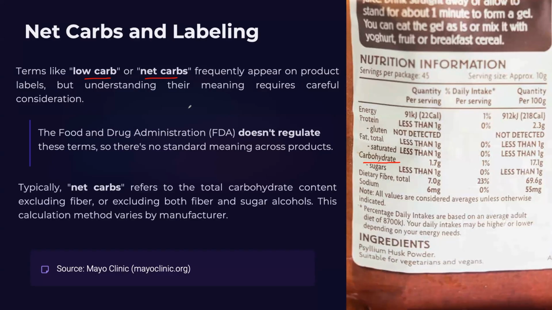Typically, net carbs are calculated by subtracting the fiber or fiber and sugar alcohols from total carbohydrates. But the method varies. This suggests that chemical definitions and marketing language don't always align, making chemical literacy especially important. This is the main reason why there is a need for understanding the chemical basis of their structure and function and biological significance.